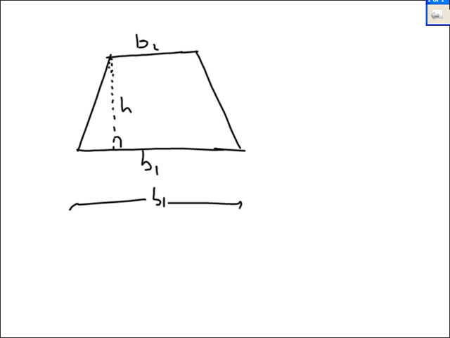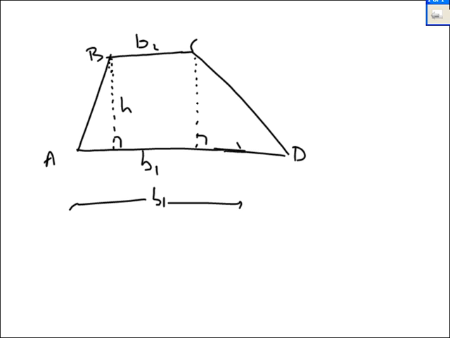For the record, I'm going to draw another perpendicular. I don't want you to think that there's any symmetry going on. There's not. Suppose that's the trapezoid A, B, C, and D. Now, what is the area of this trapezoid?